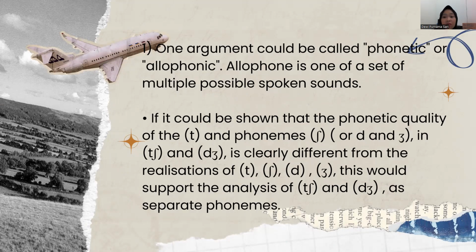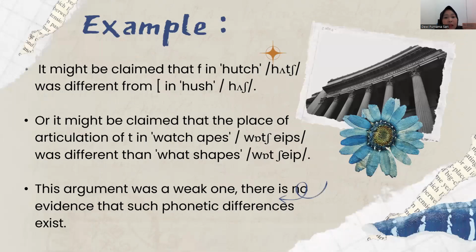If it could be shown that the phonetic quality of the t and sh, or d and j in ch and j, is clearly different from the realizations of t, sh, d, j, right? This would support the analysis of ch and j as separate phonemes. For example, it might be claimed that the t in hutch was different from the one in hush, right?